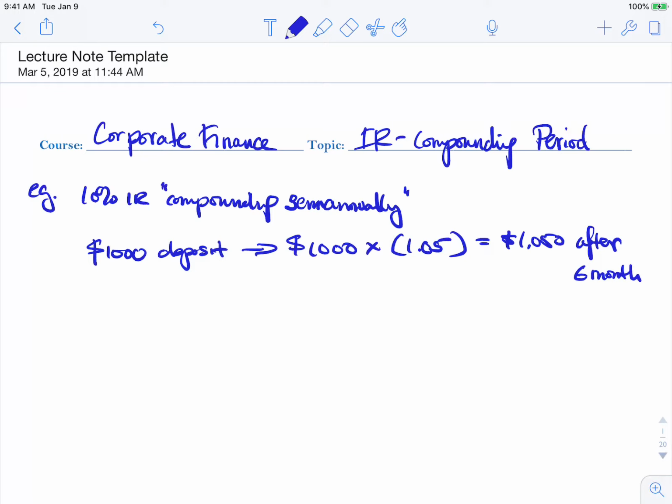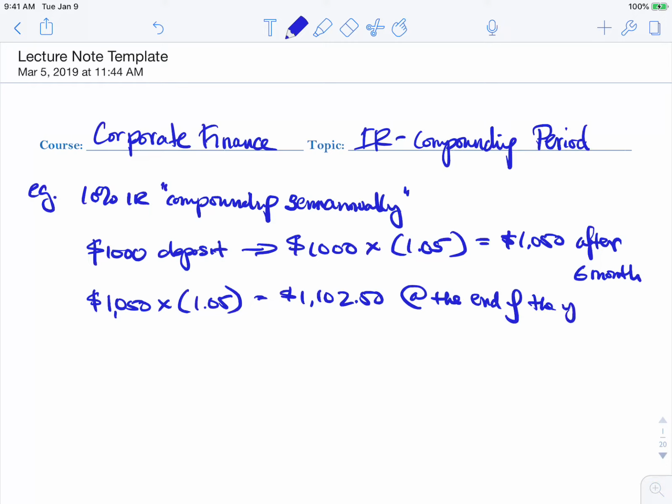And for another 6 months, it's 1,050 times 1.05 equals 1,102.50 at the end of the year.